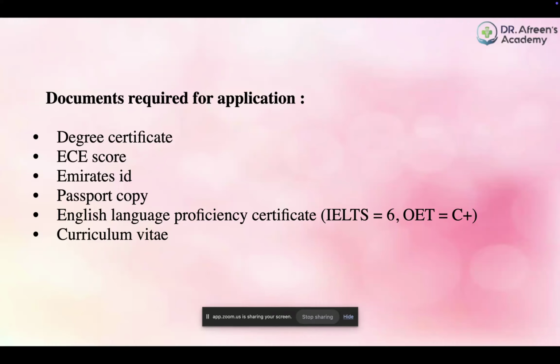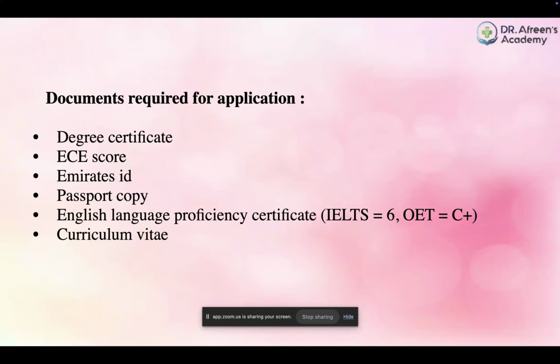The second, and the most important, is the ECE report. ECE score is nothing but the US system of grading your scores, because every country has a different scoring system. Some countries use percentage, some use GPA, and some use grading, I believe. So they have standardized the grading system, and they follow the US system.